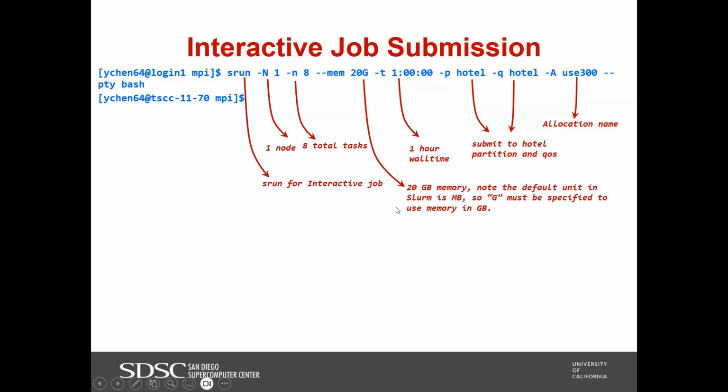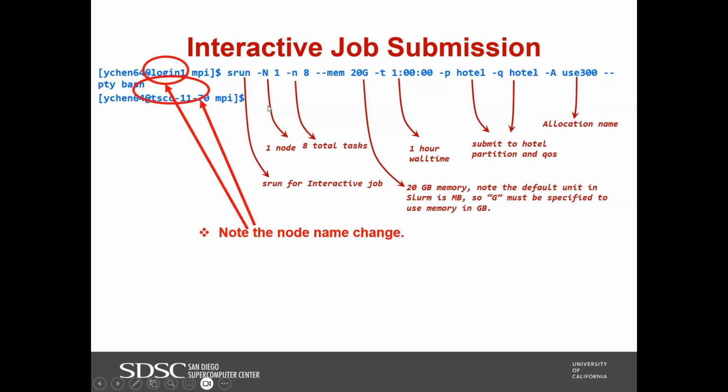Once the job starts, you will find the node has changed from the login node to the compute or GPU node. So once you see the node change, you know your job has started. Another thing you should pay attention to is that the job starts where the job was submitted. This is a big change from the PBS job scheduler.